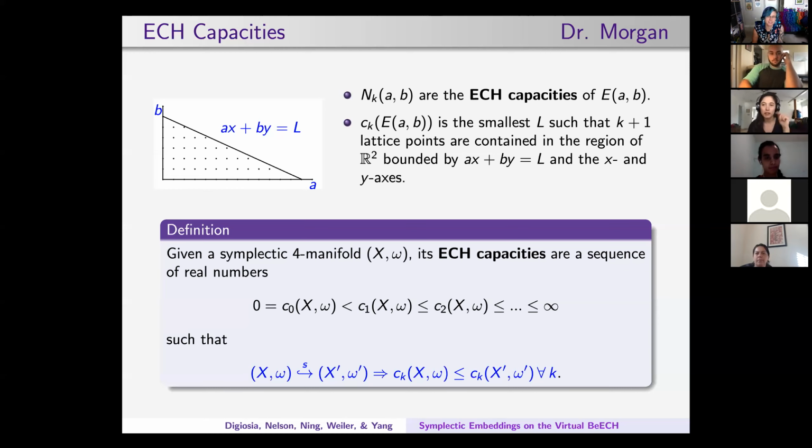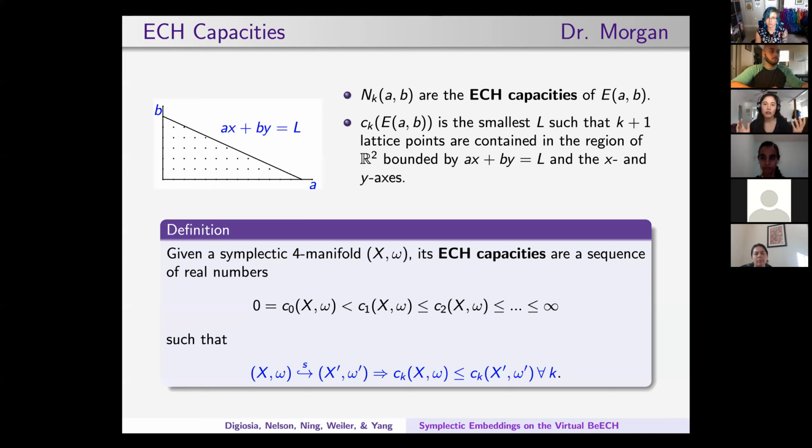You can label each lattice point by its x coordinate times b plus its y coordinate times a, and those labels form the sequence that Leo told you about on the previous slide. As you increase L, you include more and more lattice points into that triangle, and as you pass a lattice point, that will be the kth ECH capacity.